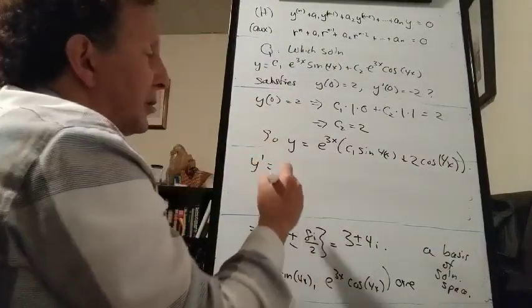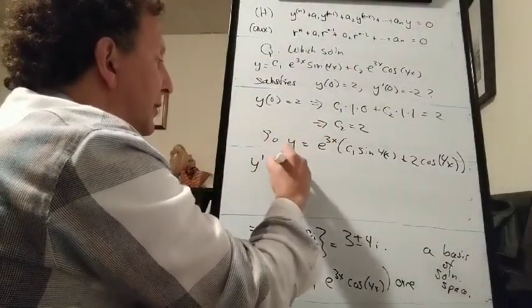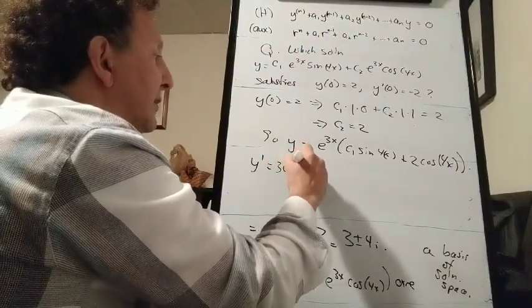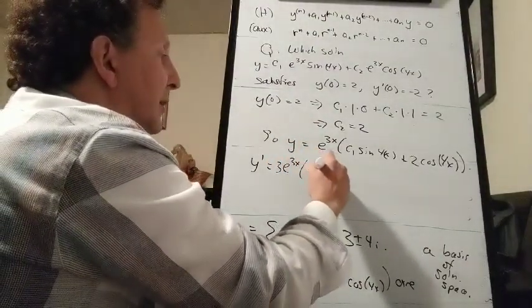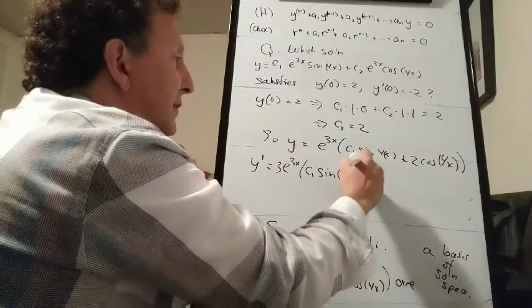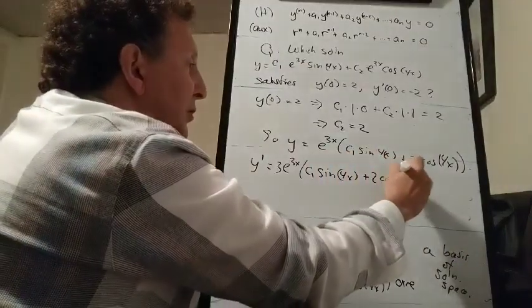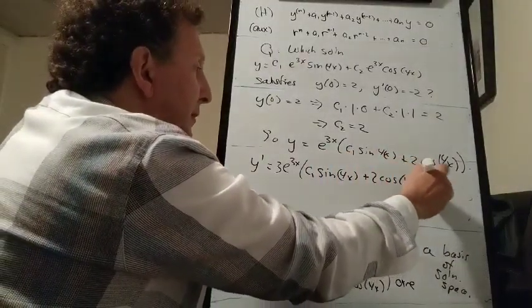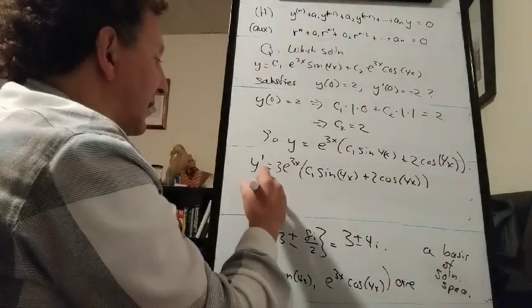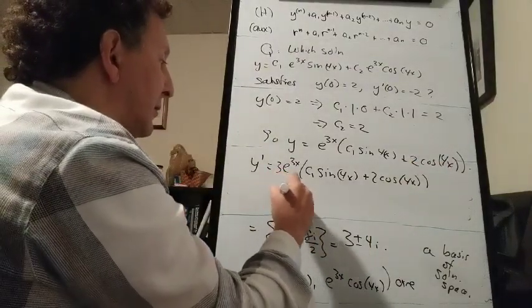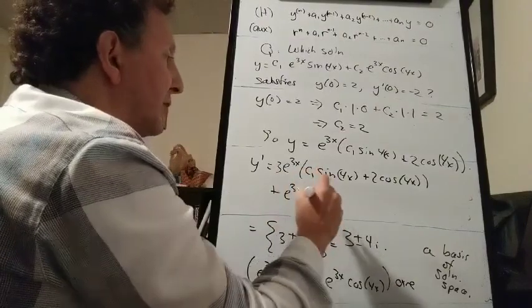And y prime equals the derivative of the first, 3e to the 3x, times the second, c1 sine of 4x plus 2 cosine of 4x, plus the derivative of the second times the first. There's the first.